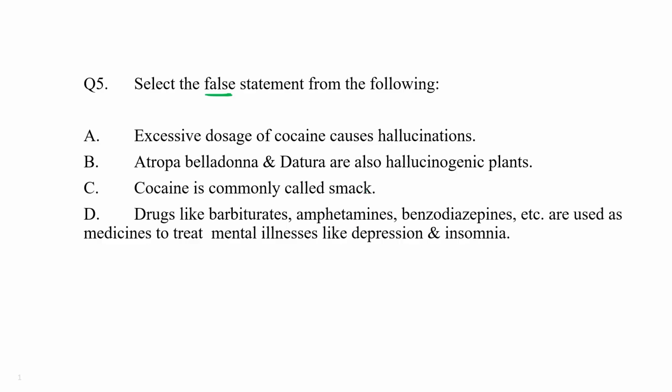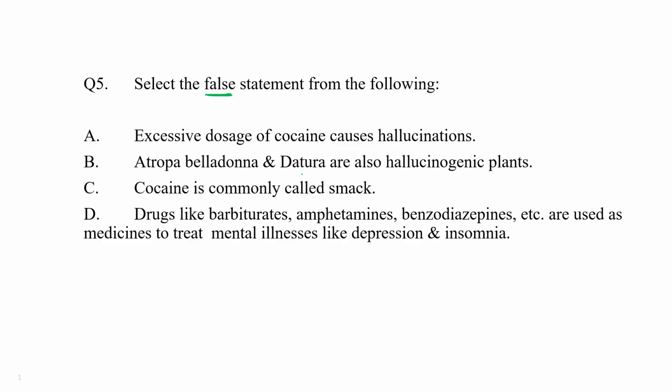Okay, now let's discuss the correct answer. This fourth statement is absolutely correct. These drugs are used as medicine to treat some kind of mental illness, sleeping problems and other kinds of depression. Cocaine is also commonly known as smack. This is again a correct statement, right?